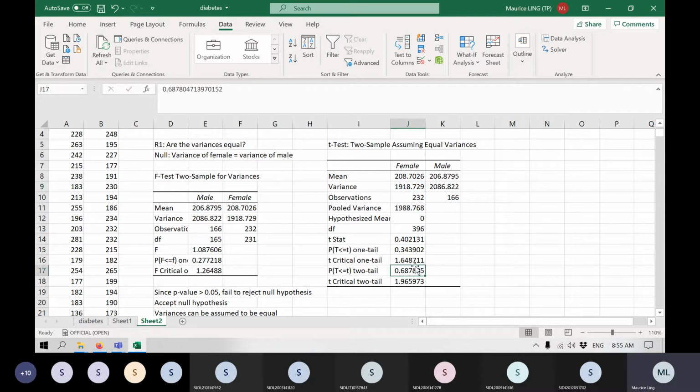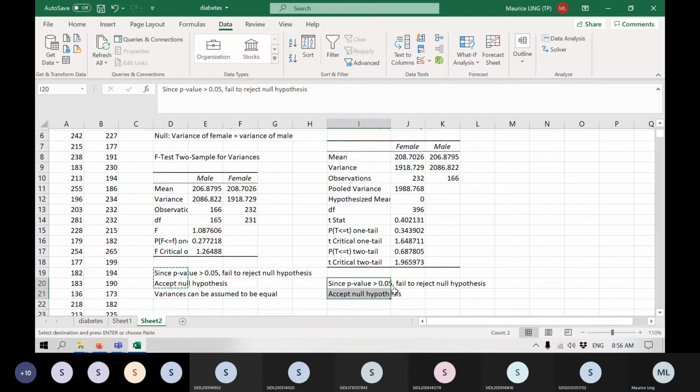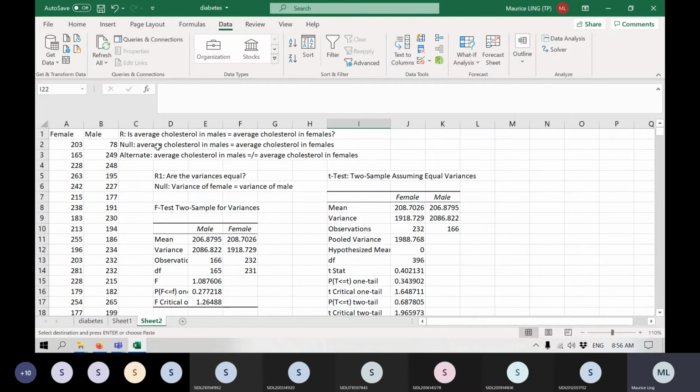Now, if it's a two-tailed test, you see the mean is actually very similar. It is actually not significant as well because there's about a 68%, 69% chance that the null hypothesis may be true. So same thing, you fail to reject the null hypothesis. And what does it mean?